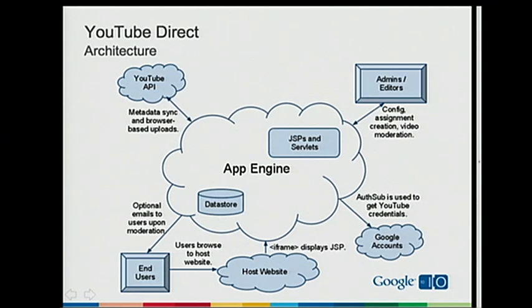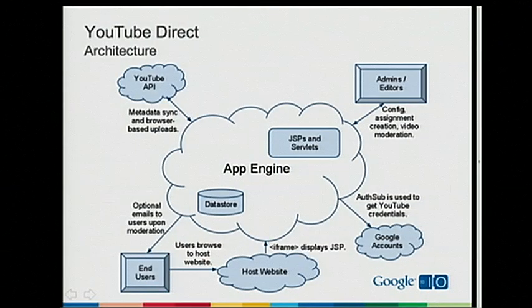We're making use of the App Engine data store for keeping track of a whole bunch of things, including the auth subtoken, session information, video metadata, things like that. We talk to the YouTube API, obviously, to sync metadata and to do the actual browser-based uploads. We're talking to Google accounts for getting the YouTube credentials for the given user.